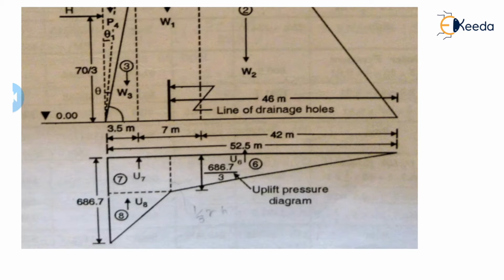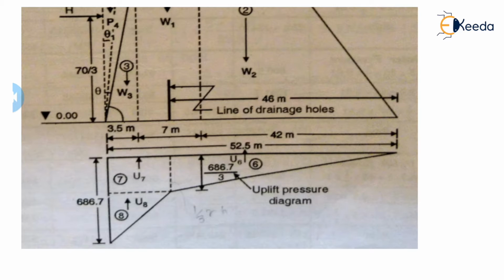Why? Because there is no tailwater. In the numerical, they had simply told us that there is no tailwater. Hence this uplift pressure directly meets at the toe section. Fine. But in between, in the body of the gravity dam, there is a drainage gallery.